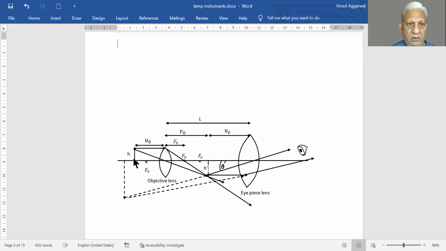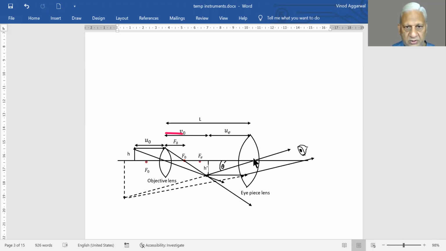Now, an object of height h, the distance from the lens is u0, and let us say this is the focal point. So this is the focal length of this particular lens, and an image is formed here. This distance is called v0 for this particular lens.